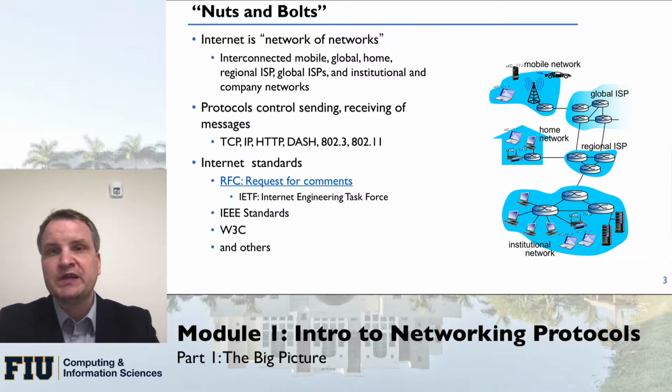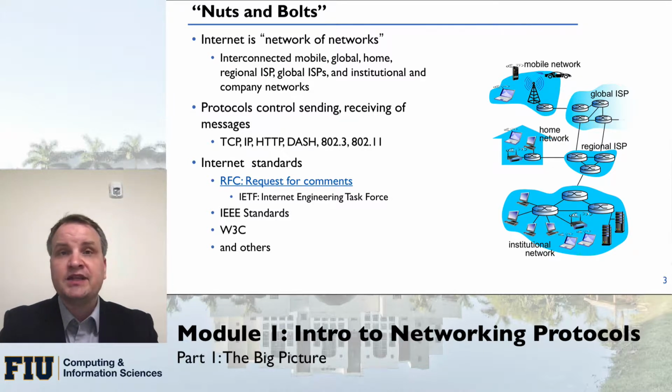So, for example, if you use AT&T at home, or Comcast, that would be a regional network, a regional ISP. But the regional ISP, because it's relatively local, can only connect networks within that region.